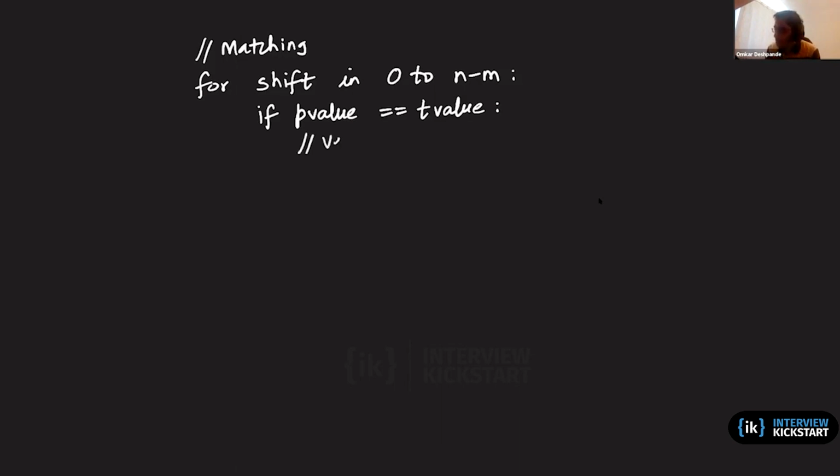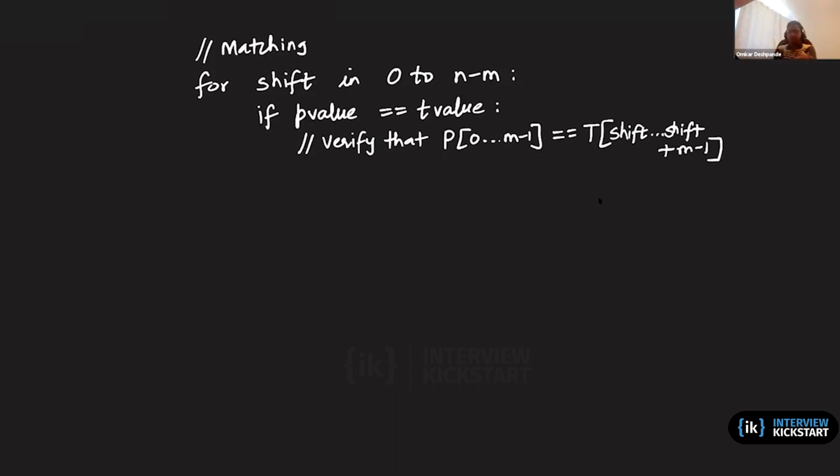Otherwise, if you want to be safe, you could verify that all the characters from 0 to m minus 1 in P match all the characters from index shift to shift plus m minus 1 in T, and append shift to result if so.